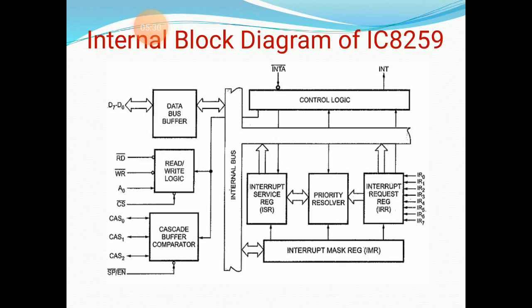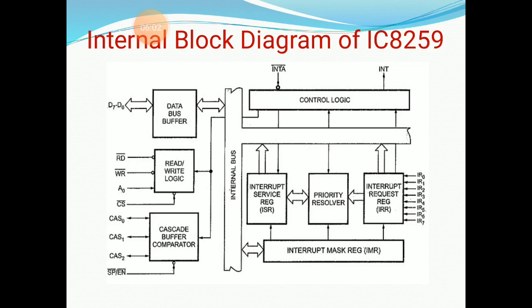The read-write logic can be driven by the microprocessor by sending a read signal, write signal, A0 and CS bar. The read-write logic can perform either a read operation or a write operation. That is, the processor reads the status of the control word register, writes the control word register, or reads the interrupt type number corresponding to the interrupt request.